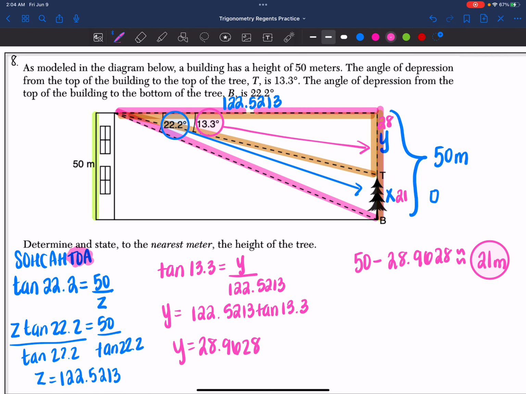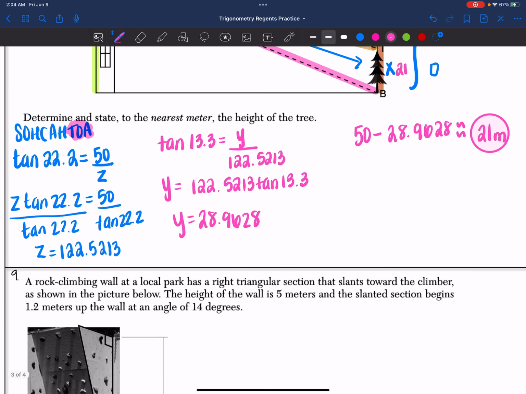So this angle right here is 8.9, a little bit less than 13.3. So the tree length compared to my y is a little bit less than what I had up there. So this looks like an answer that I can feel confident in.